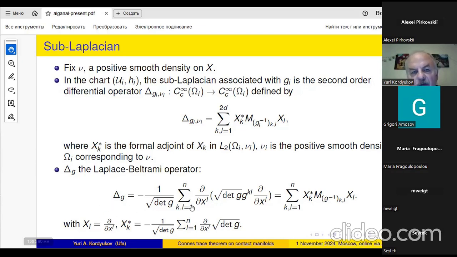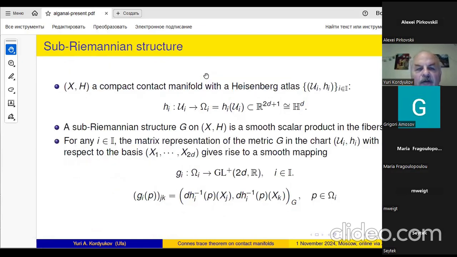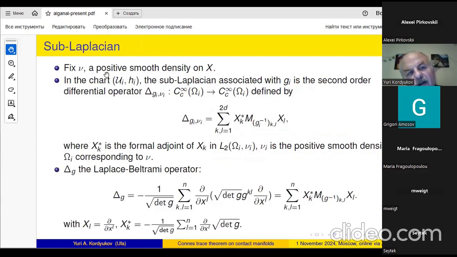And here is the formula for the Laplace-Beltrami operator. This square root of the determinant of G really reminds us of the volume form. And for this reason, we should fix additionally, when we talk about the sub-Laplacian, the analog of the Laplacian on a contact manifold, not only this sub-Riemannian structure, but also a positive smooth density.